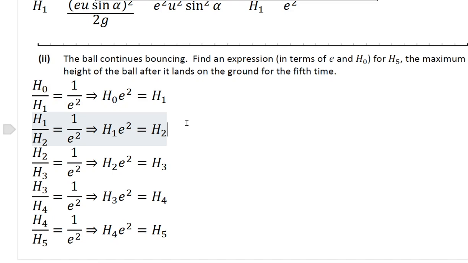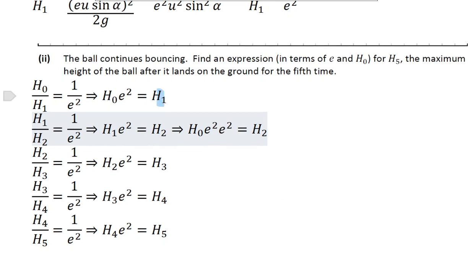So now that we've rearranged everything like that, I think it's easy to see. We know what H1 is. We know H1 is H0 E squared, so H1 times E squared equals H2. Hopefully we can see that. I'll just do a little highlighter there so we can see what's happened.